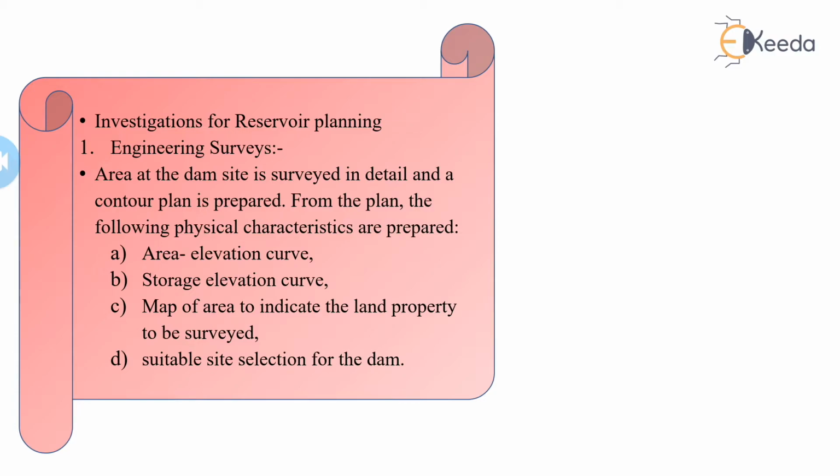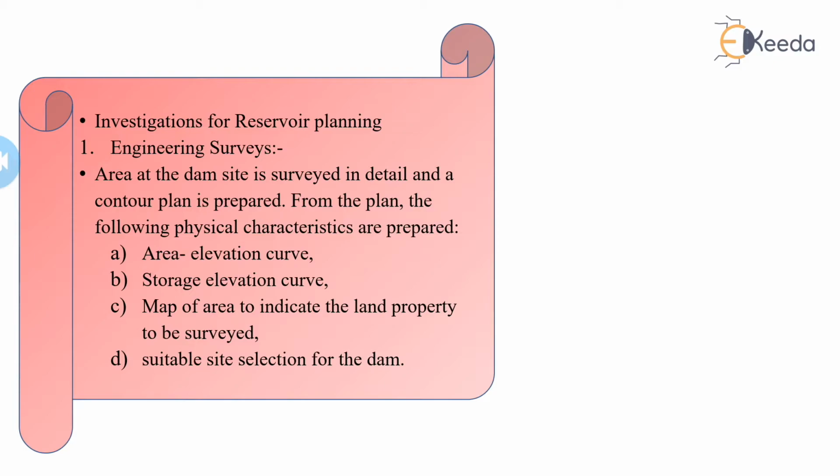Whether the site selected for the dam as well as the reservoir is suited or not, this engineering survey gives us the final value, the green signal for further construction.